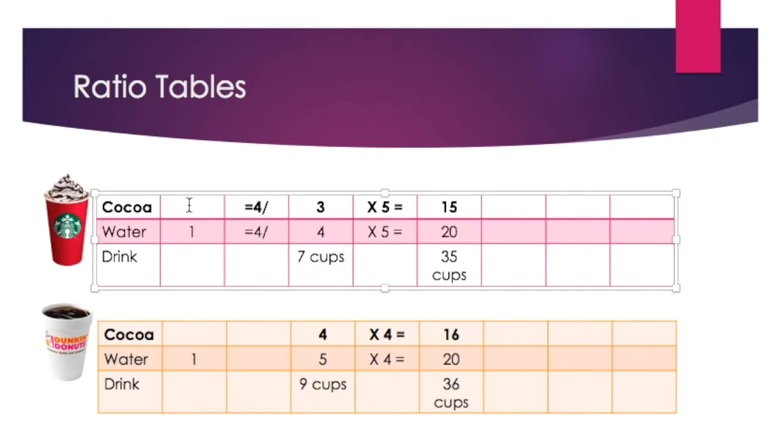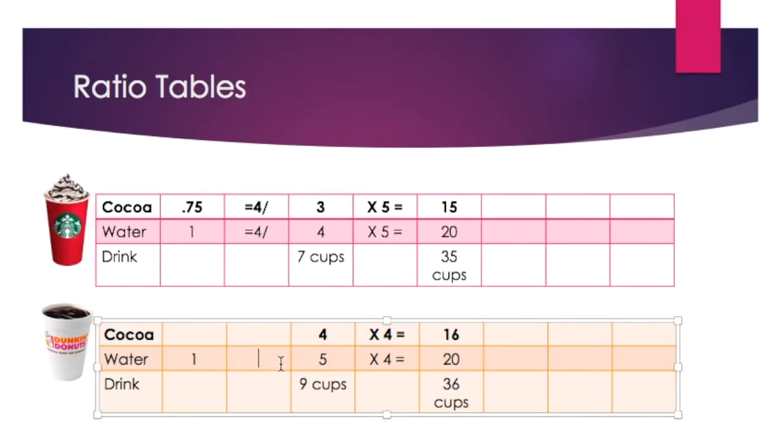So 3 divided by 4, I could say is 3/4 part cocoa, but I know most of you prefer decimals, so that's 75 hundredths of cocoa powder per 1 cup of water. Now I did use my calculator to do that, and you may do the same. Whenever in a ratio table you don't have a clear proportion, you're welcome to use your calculator.